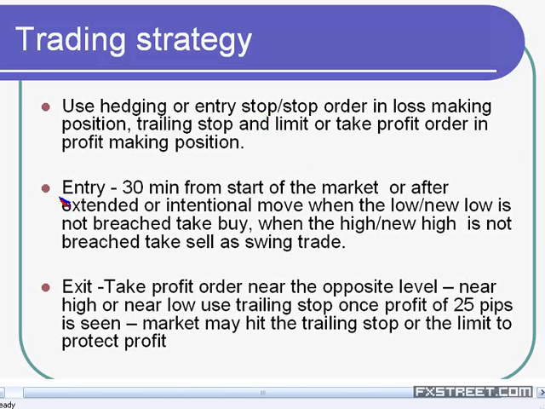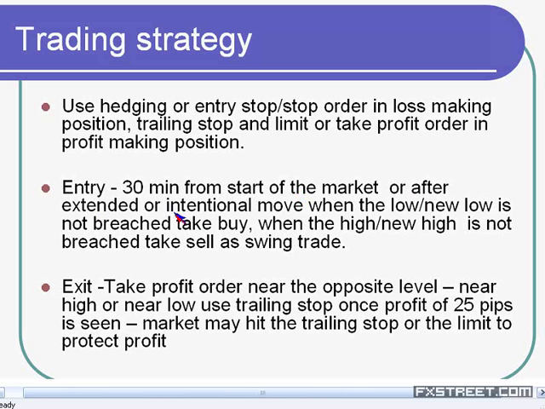So our entry is 30 minutes of watching from the start of the session, and you identify whether they are making a stop hunt or a false move or an extended move or an intentional move, ultimately using the initial lows and highs.